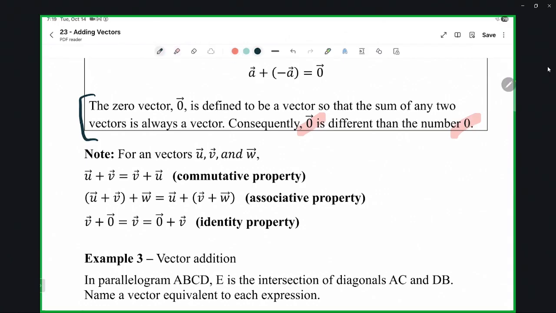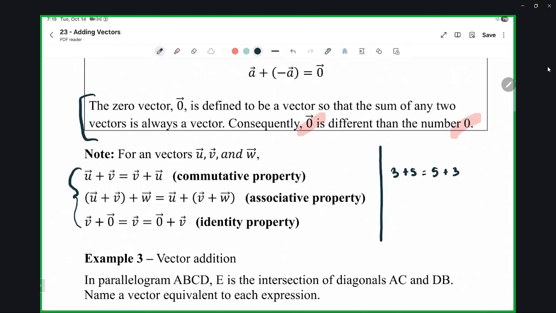So just as is the case when we're adding together numbers, using, say, the commutative, associative and identity properties, there are vector equivalents for this. And so if we take vector u plus vector v, that's the same thing as v plus u. And so remember, the analog was the numbers, and all we're saying is that if you have 3 plus 5, that's the same thing as 5 plus 3.